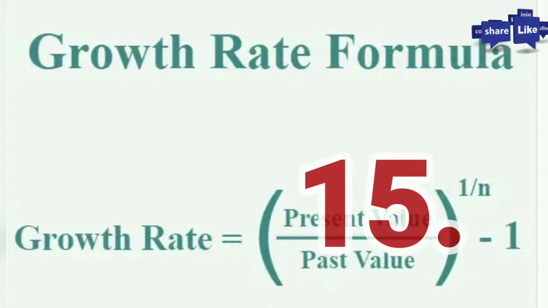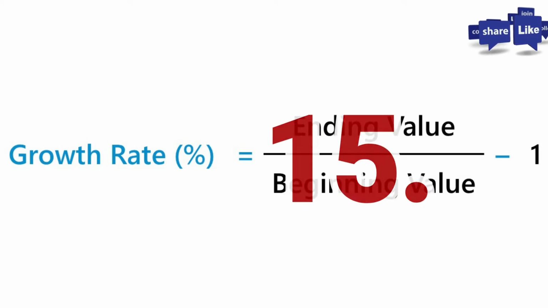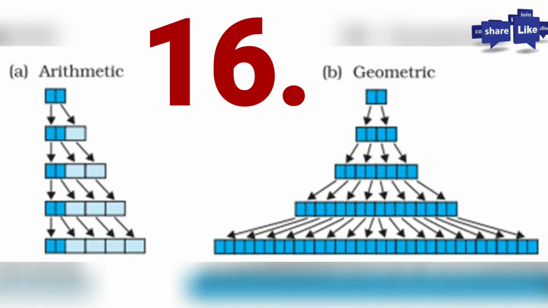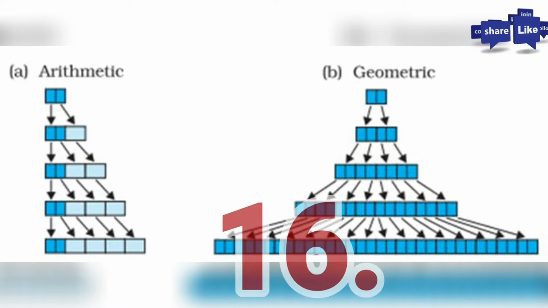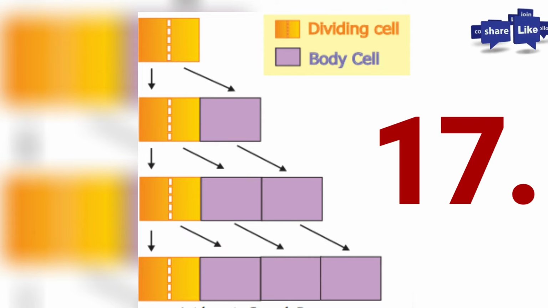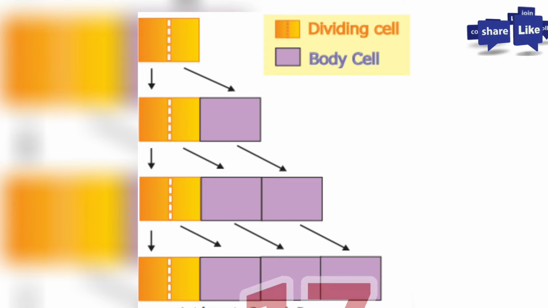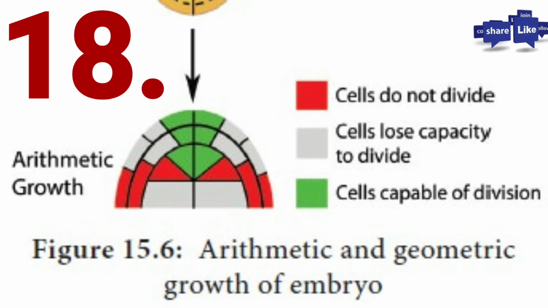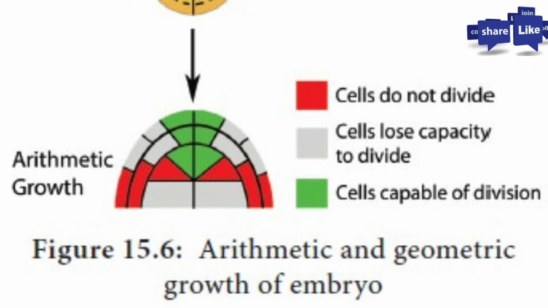The increased growth per unit time is termed growth rate. The growth rate shows an increase that may be arithmetic or geometrical. In arithmetic growth, only one daughter cell continues to divide while the other differentiates and matures. Root elongation at constant rate is the expression of arithmetic growth.